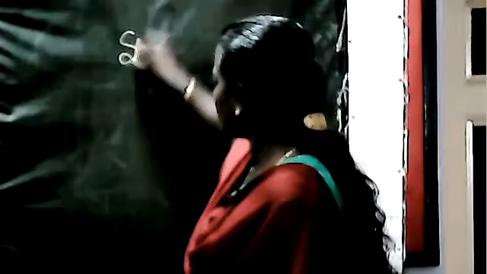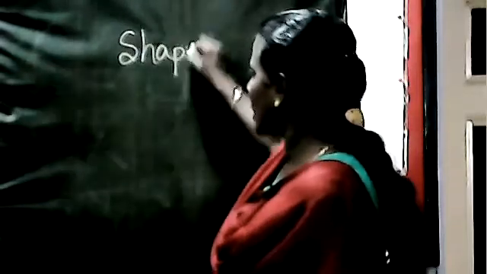Okay children, so now after this, what we have learned, you know how to draw the shapes. So we have learnt about the shapes. Do you remember children, do you remember the shapes? What are the shapes we learnt? Okay, now see here, we have learnt many shapes and you all know how to draw the shapes.